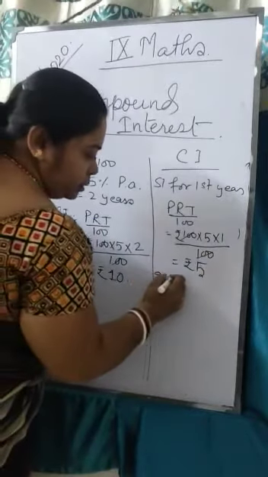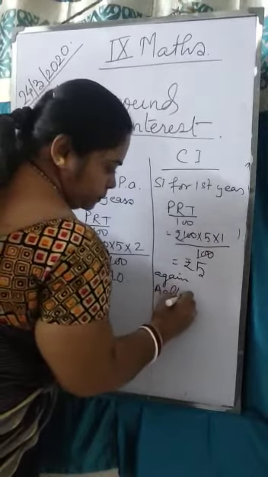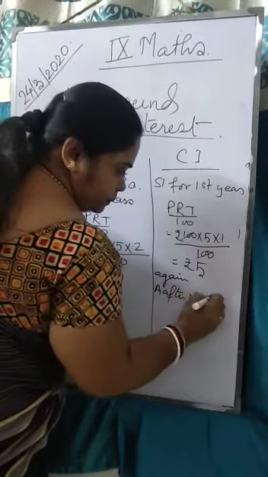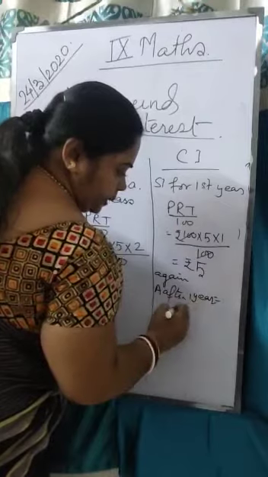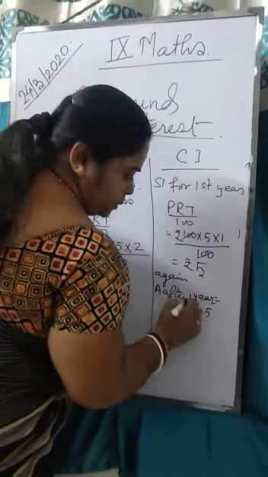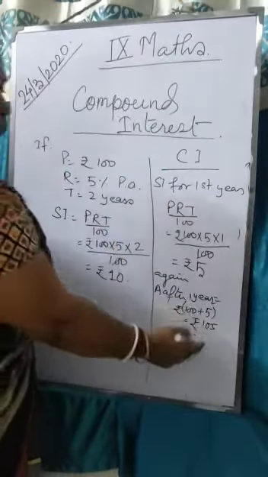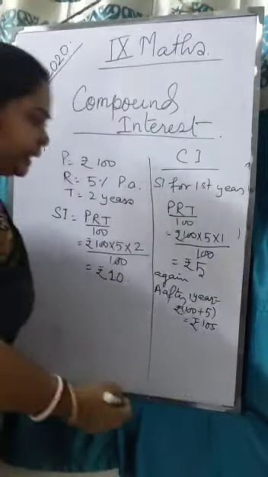Again, amount after 1 year, rupees 100 plus 5, rupees 105.